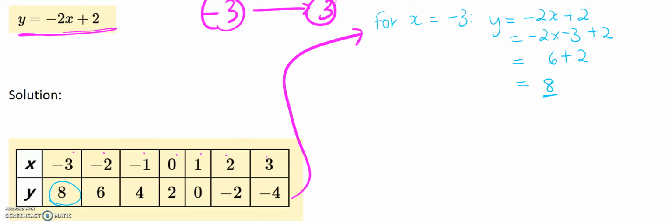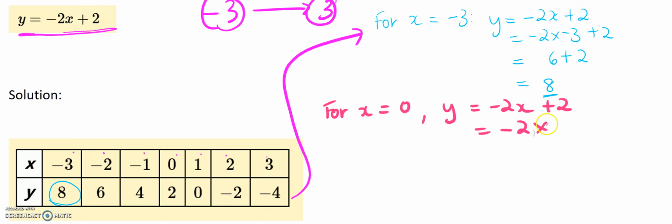Let's try another one. I'm going to try for x equals 0. Then y would be equal to -2x plus 2. So in place of x, we substitute 0. And that gives us -2 times 0 is 0, plus 2 is 2.